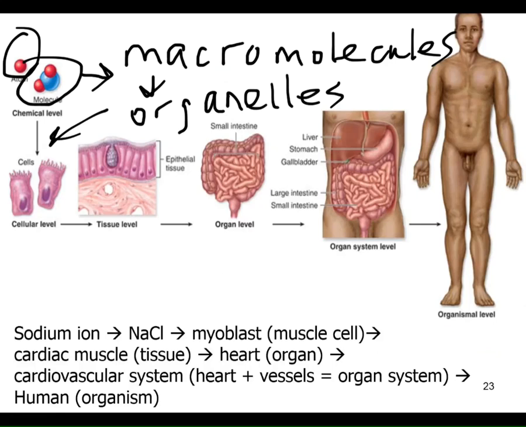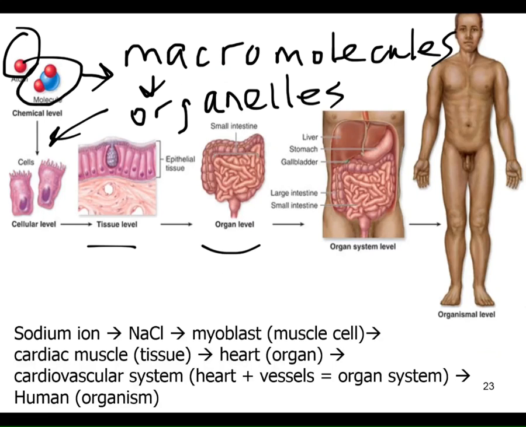So then we get to cells. Well, cells, we have trillions and trillions of cells in our body. And then those cells are the building blocks of tissues. And we'll talk about tissues in a moment. And the tissues are the building blocks of your organs, like the heart, the liver, the kidney, the brain.